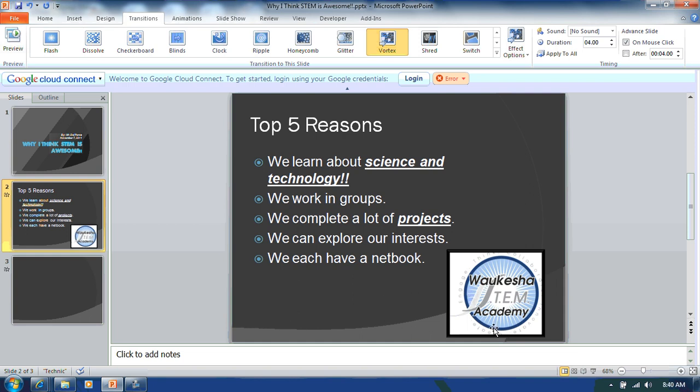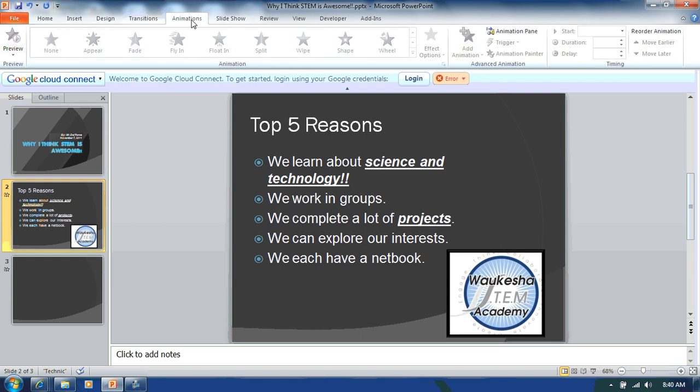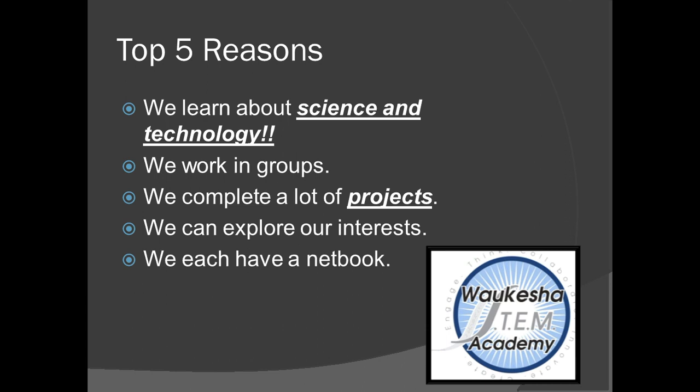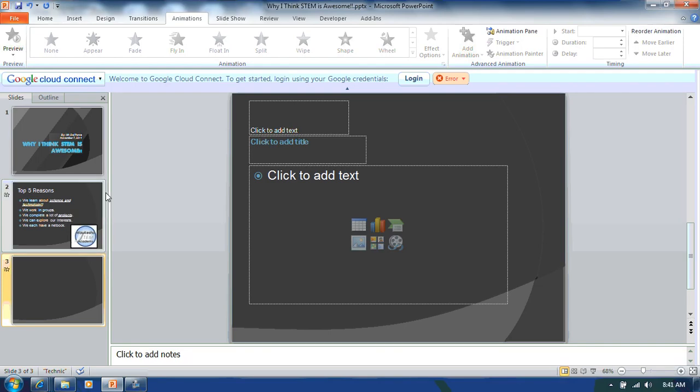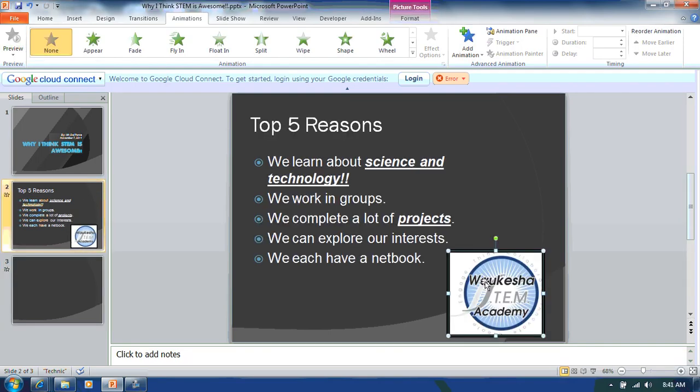One of the things you can do is animate objects. To show you how to do that, we're going to go up to our animations group, and I'm going to select this object right here. Now, I don't want this picture to just appear, because right now it is just appearing. Instead, I want it to come in when I want it to.